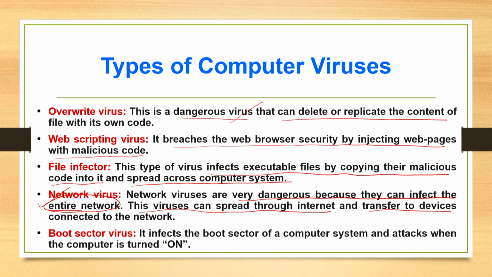Boot sector virus infects the boot sector of a computer system and attacks when the computer is turned on. So, this is all about the different types of computer viruses.